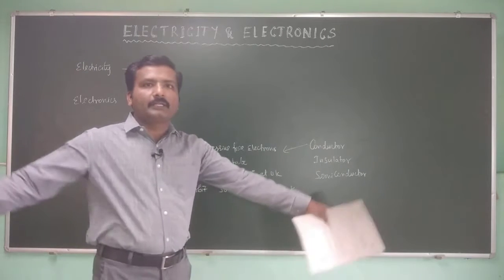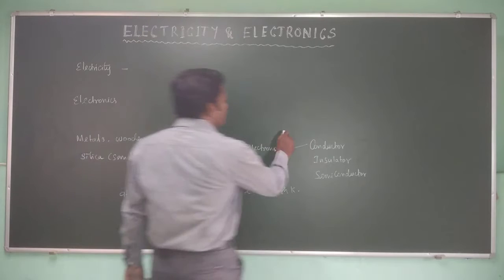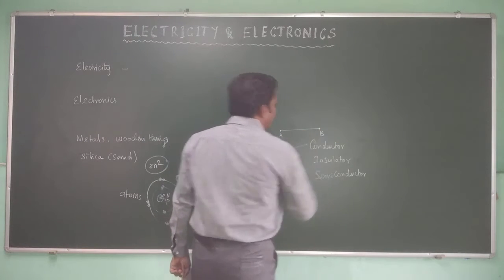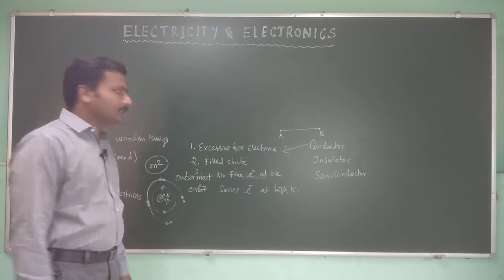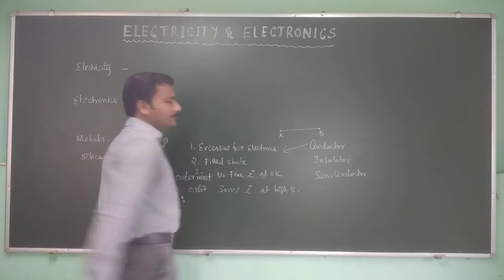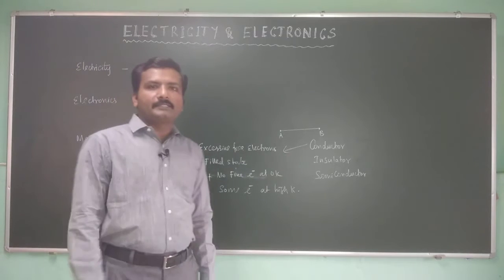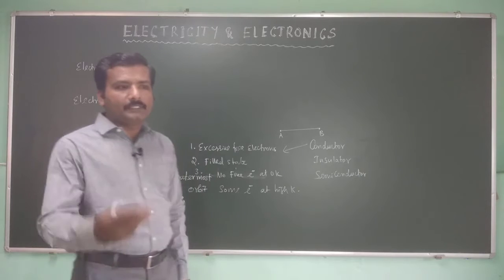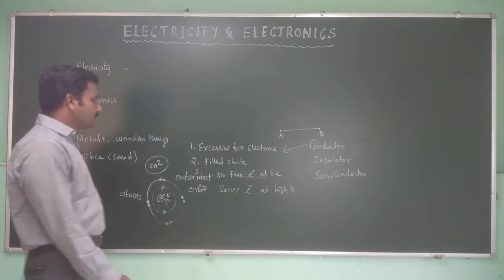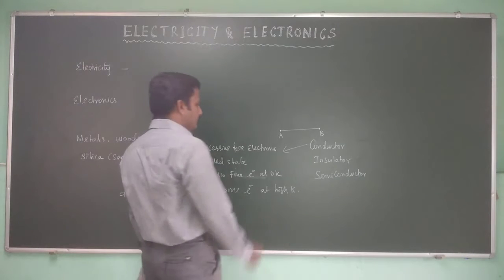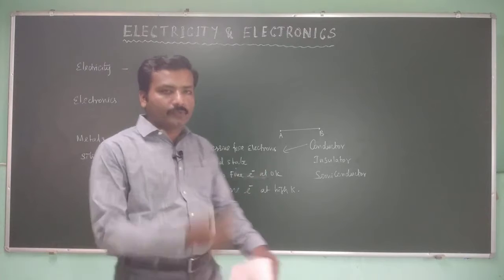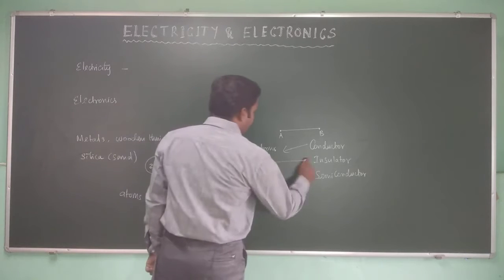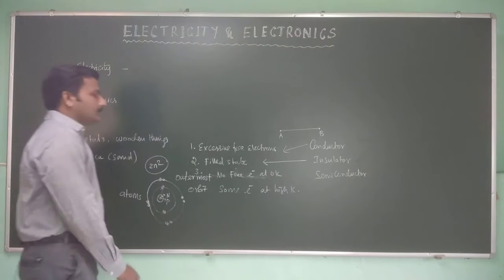If you have a metal rod, an electron can move from point A to point B freely. In that case, it is said to be a conductor. And some materials like rubber, glass rod, wooden table are things where there are no free electrons to move from one point to another point, so they are termed as insulators.